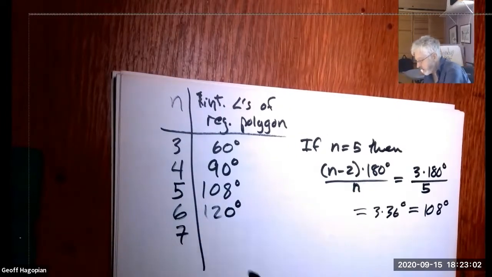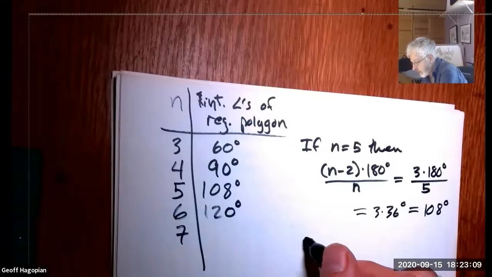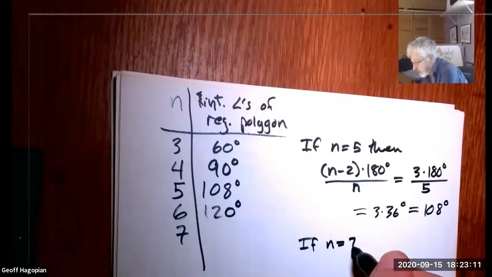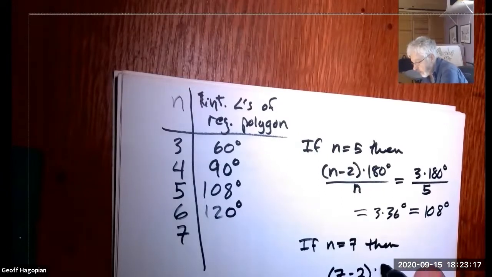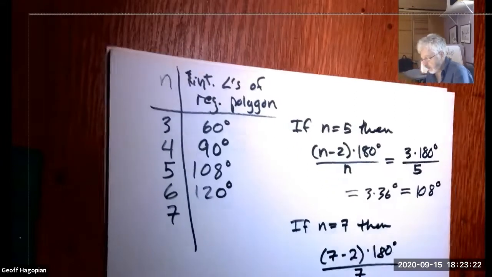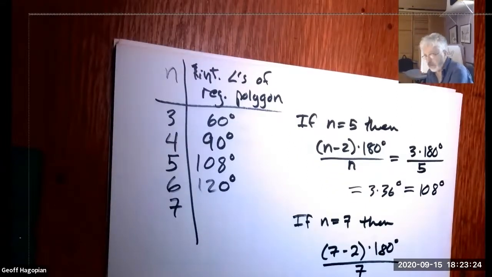7 is the first one for which we don't get a whole number of degrees, I believe. Let's check that. If n equals 7, then 7 minus 2 times 180 divided by 7. Well, 7 doesn't go evenly into 180, and it doesn't go evenly into 5.